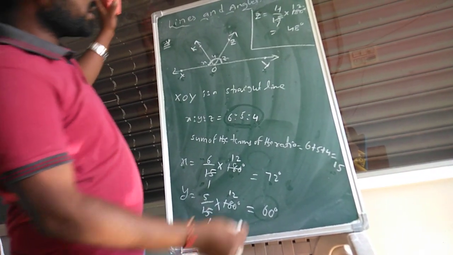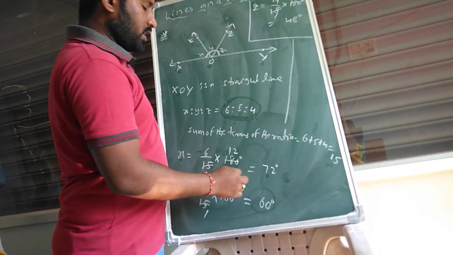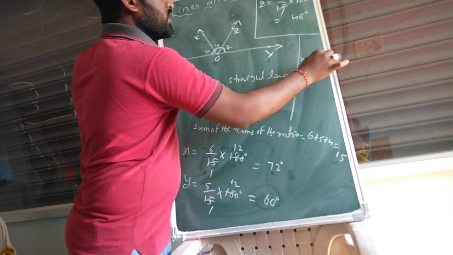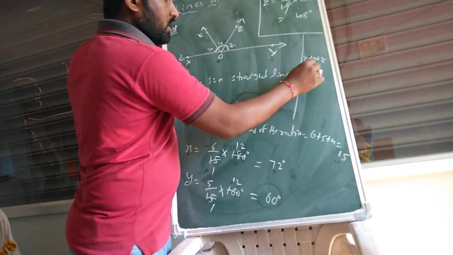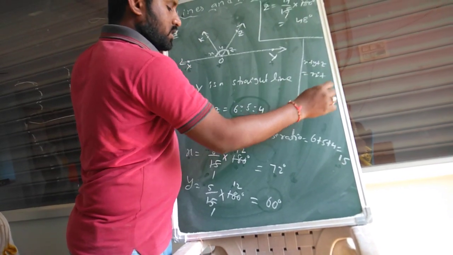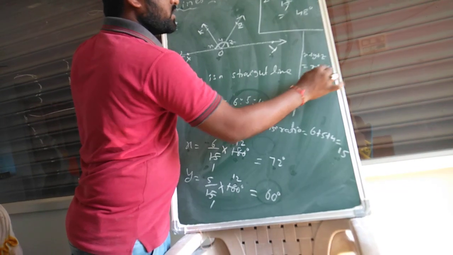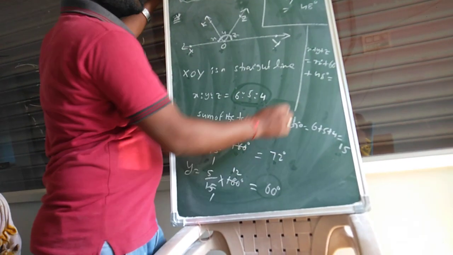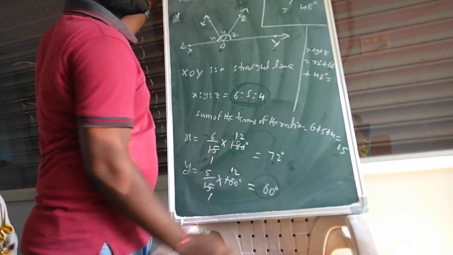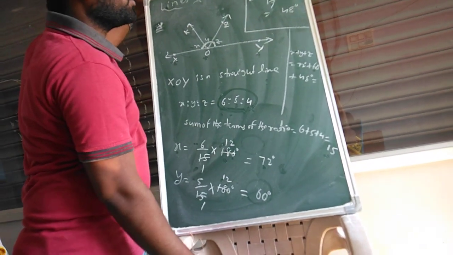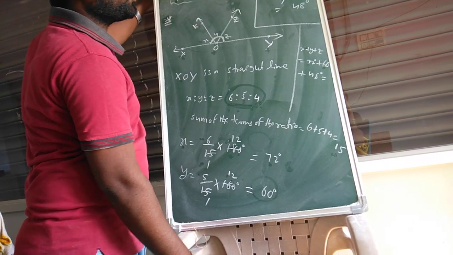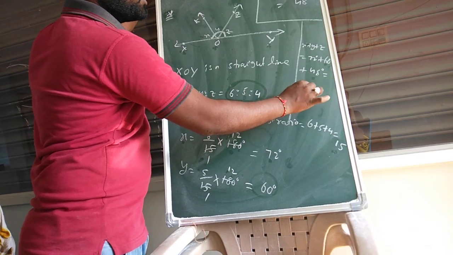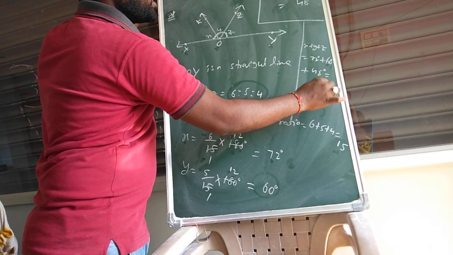So when we add these three angles, x plus y plus z, that is 72 degrees plus 60 degrees plus 48 degrees. 72 plus 60 is 132 degrees, and 132 plus 48 is 180 degrees.